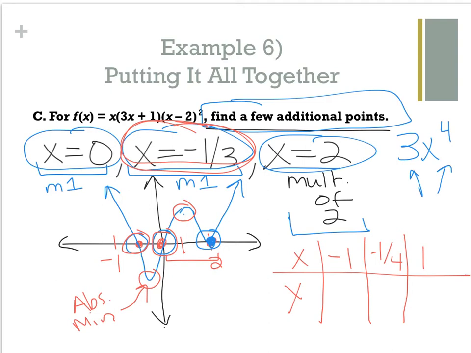So, in order to figure out what my y-coordinates are, I could graph this function right here, x times 3x plus 1 times x minus 2 squared. And if I substitute these x values in my table, I can find my y-coordinates. That is the fast way to do it. I am going to go ahead and calculate what these y-coordinates are.